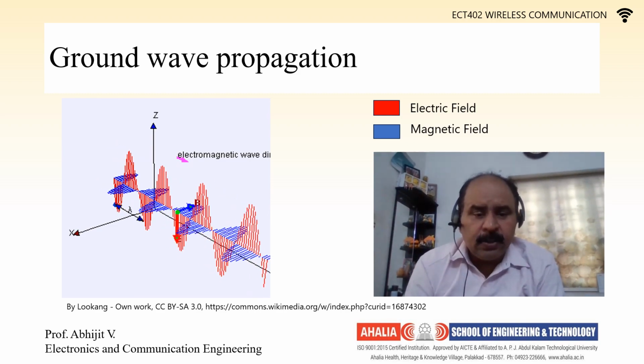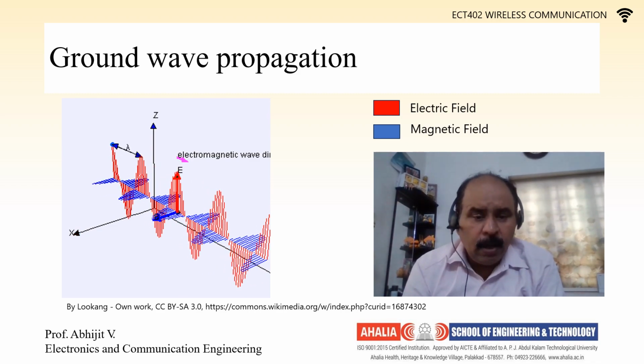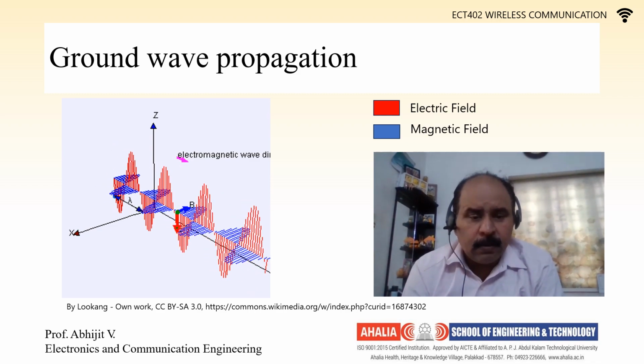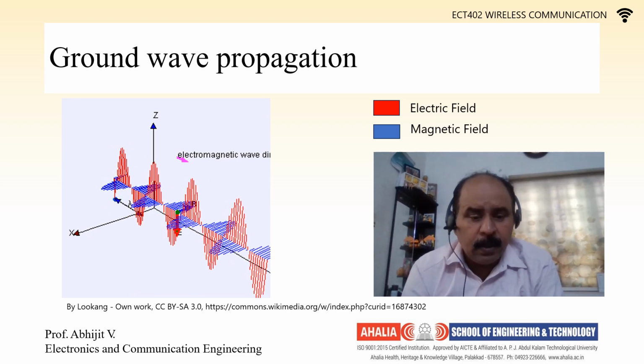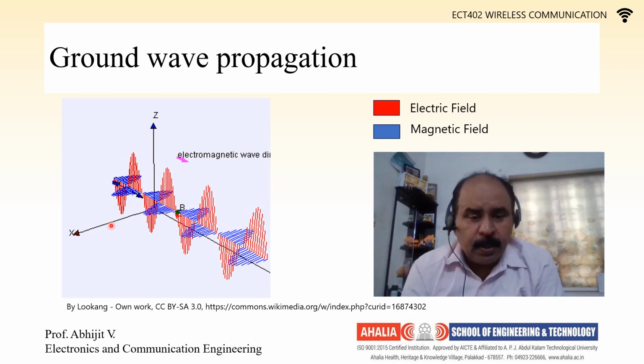I've just made this slightly bigger for your better understanding. You see, this is how electromagnetic waves are generated, and you can see how this traveling or this propagation happens.